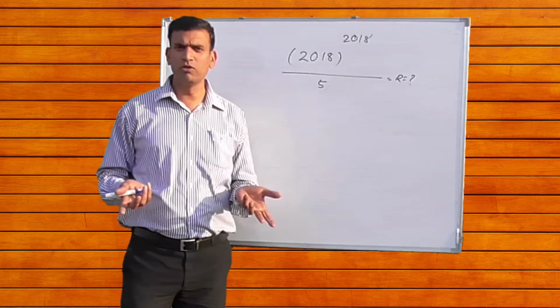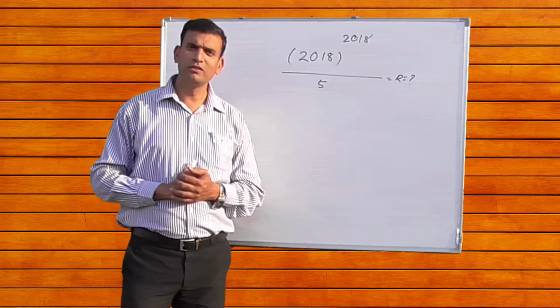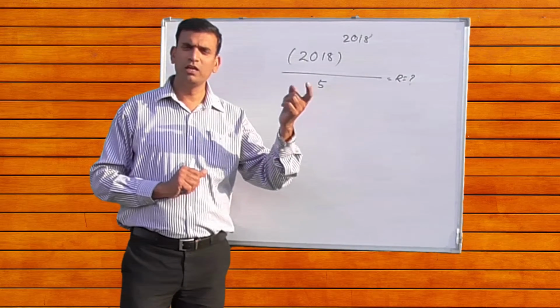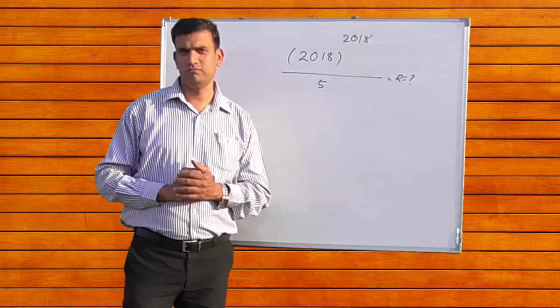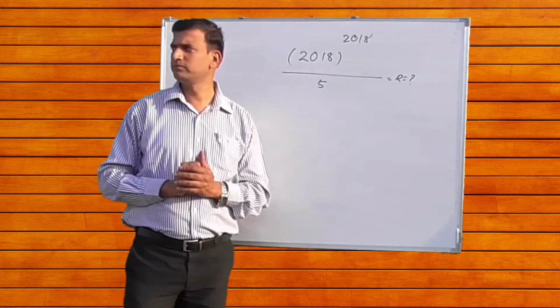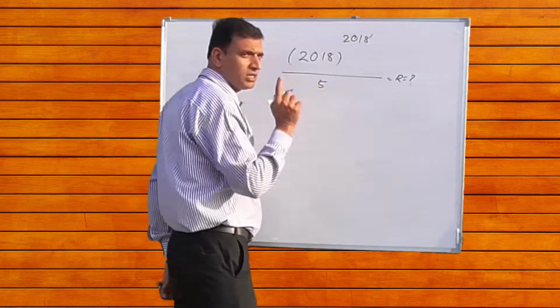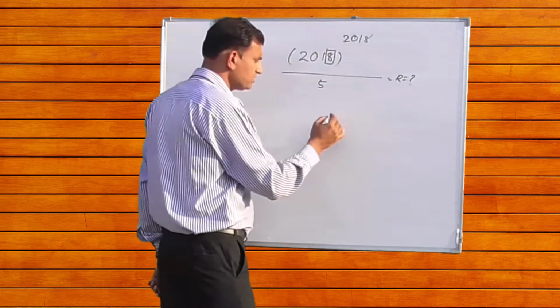In the previous video, I gave you tips on how to find the unit digit. Every time, for any number with power n, the unit digit is considered through the cyclicity of 4, meaning after every 4 the unit digit repeats. So here, the unit digit of this number is 8.